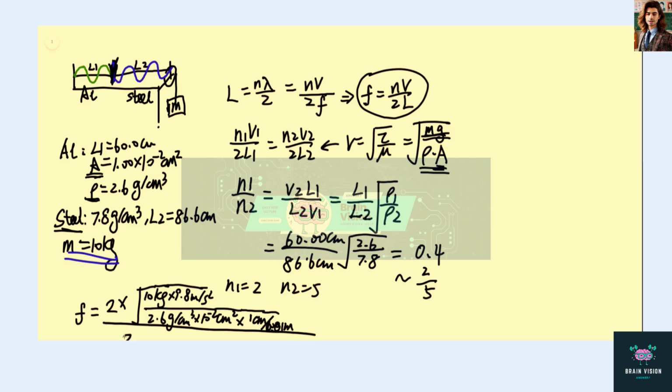All over 2 times L, which is 0.6 meter. Okay, put everything into the calculator. It turns out to be 324 hertz. And that is the frequency for the wave. Alright, so that's for part A.